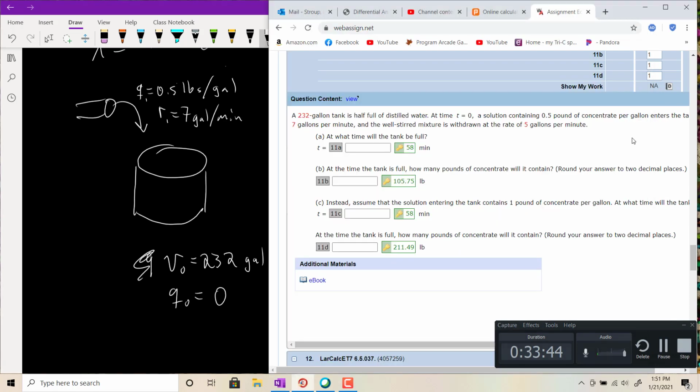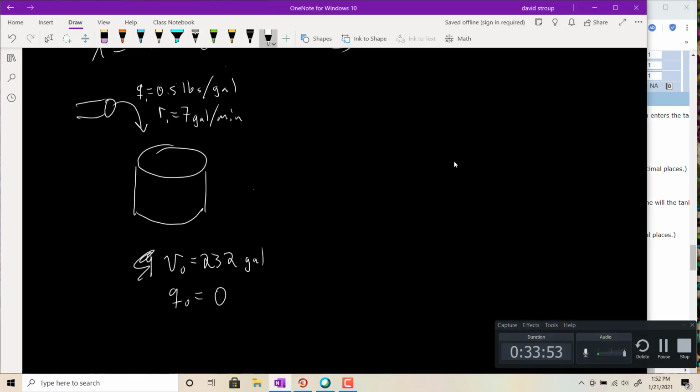And then it's well stirred and withdrawn at 5 gallons per minute. So it's coming out at 5 gallons, that would be R2, 5 gallons per minute.